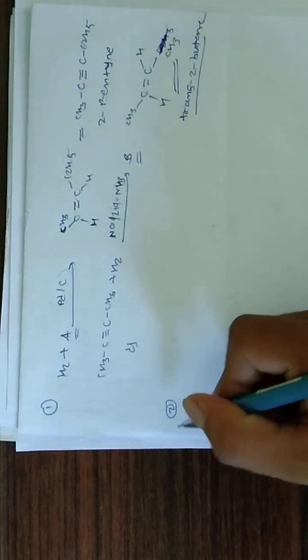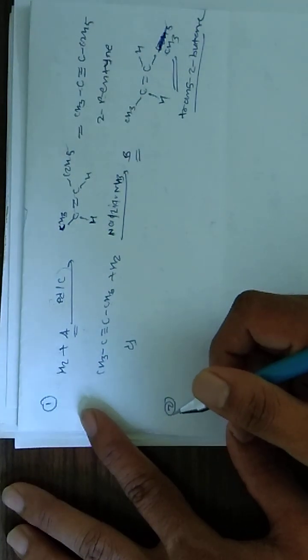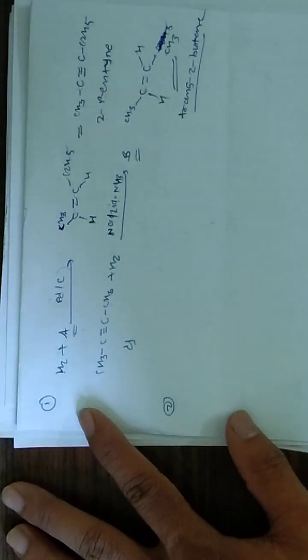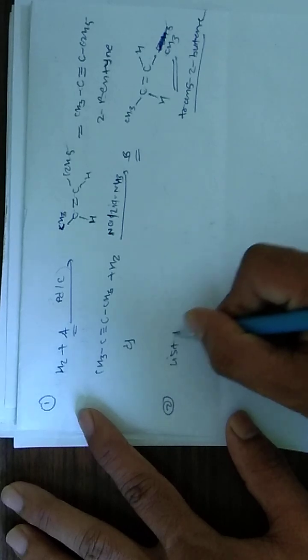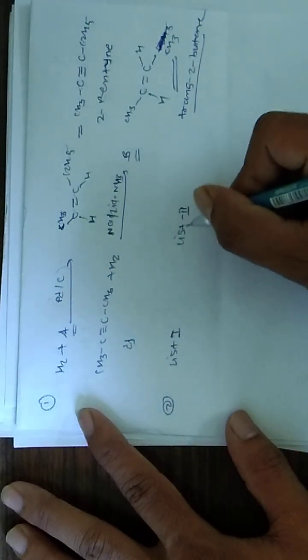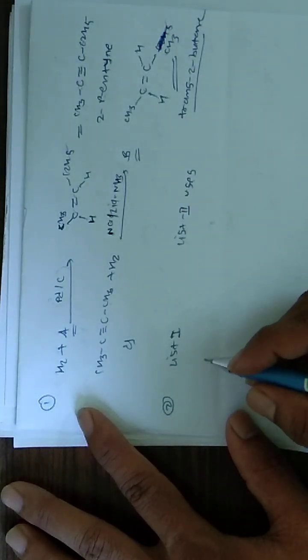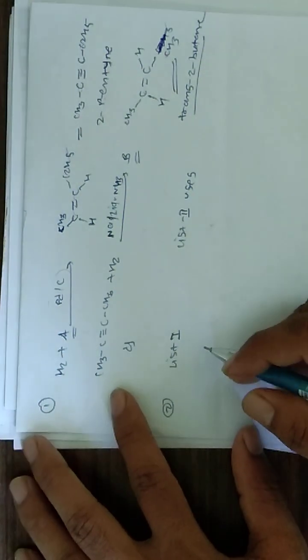Now the next question. In today's second question, match list 1 with list 2. Here this is an application based question. In list first, compounds are given, and in list second, uses of those compounds are given. So here the first one is carbon tetrachloride.